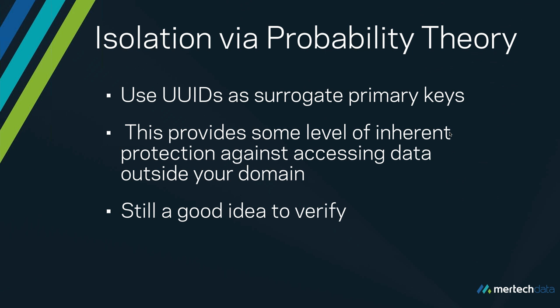One of the benefits of using UUIDs as surrogate primary keys is that there is a level of protection inherently provided when you're accessing data outside of your domain. This requires some explanation about the risk involved in not using them.